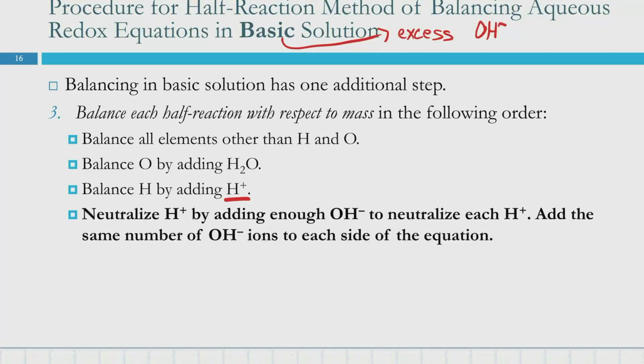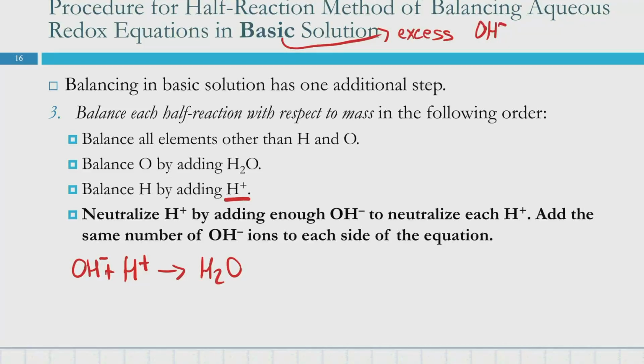So if we have 7 H+ on our reactant side, we add 7 hydroxides to both the reactant and the product side. On the reactant side, those H+ and the OH- turn into waters. On the product side, they'll just be hydroxides. So H+ turns into H2O, and then we'll have leftover hydroxide on the other side.